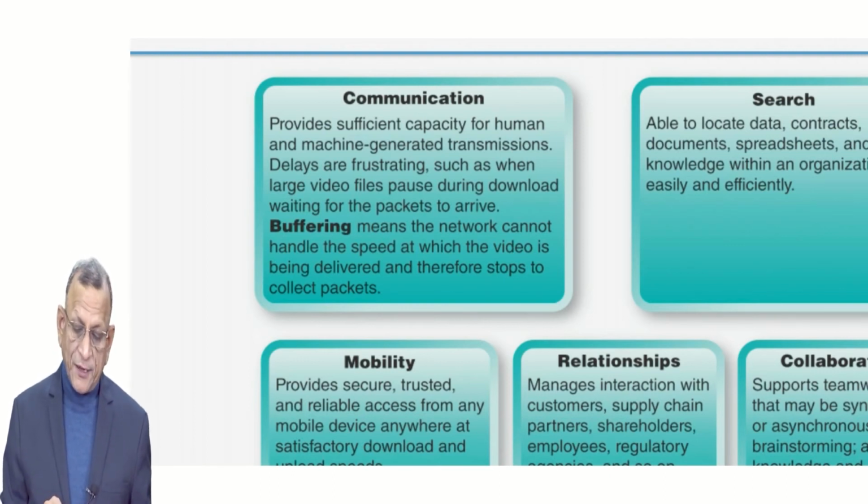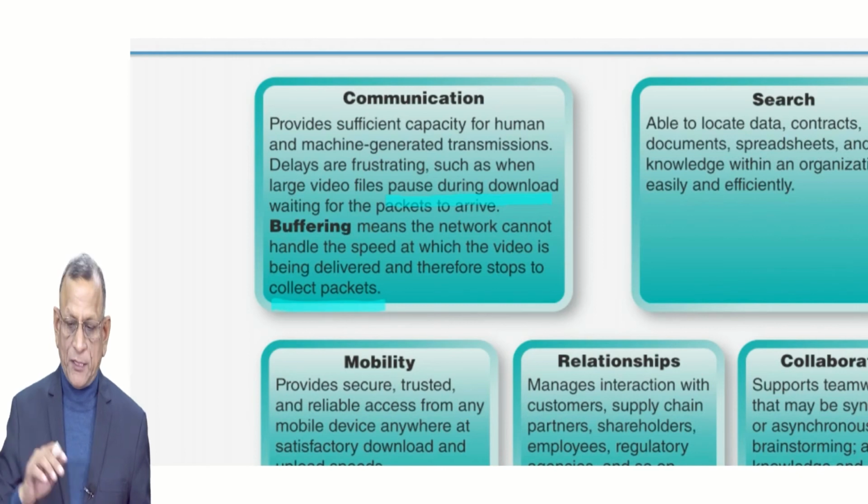Delays are frustrating, such as when large video files pause during the download, waiting for the packets to arrive. Buffering means the network cannot handle the speed at which the video is being delivered and therefore it stops to collect packets.